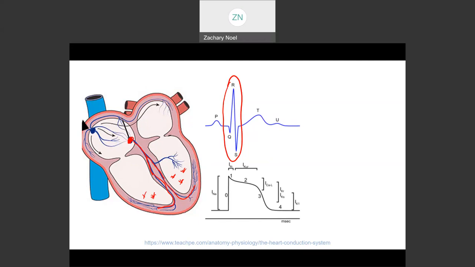And that slow wave of depolarization outside of the normal highway system, the back road, so to speak, is going to produce a much wider QRS complex. Why? Because remember, we're looking at time along the x-axis of the ECG. And if it takes longer to depolarize both ventricles, it's going to take longer for that QRS complex to complete. And so that is, in essence, what's producing the wide QRS complex.